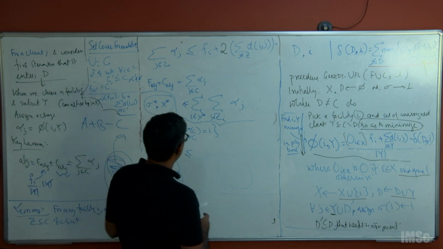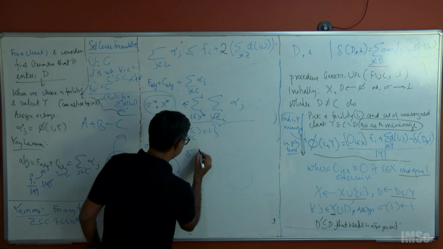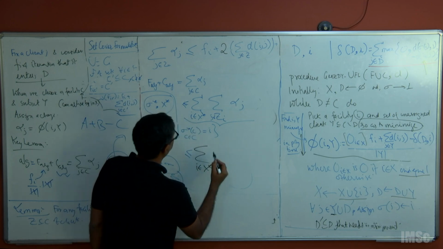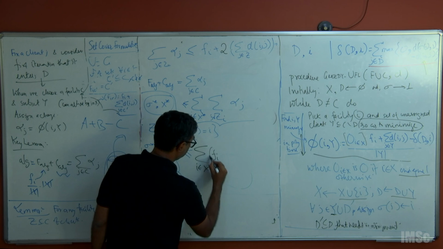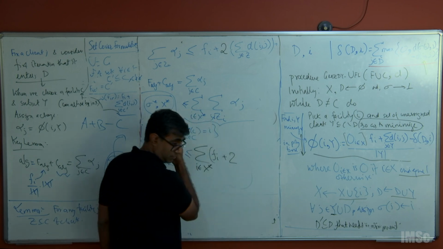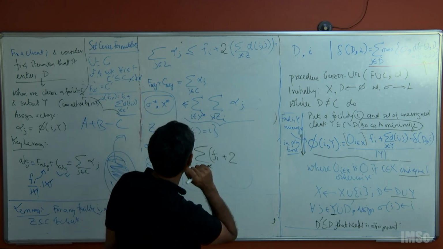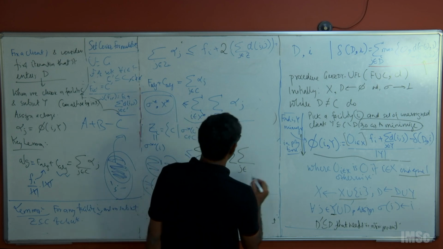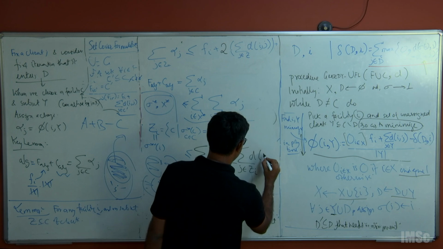Okay. Now, what do I know about this? This is summation i in X star, f_i, plus 2 times summation j in Z_i, d(i,j).